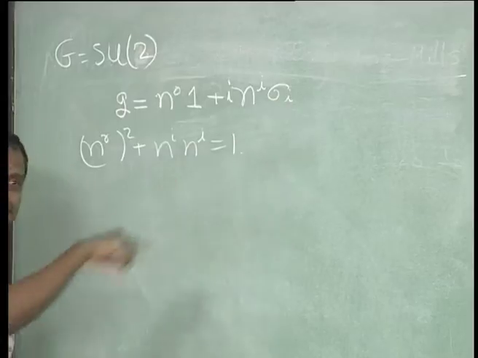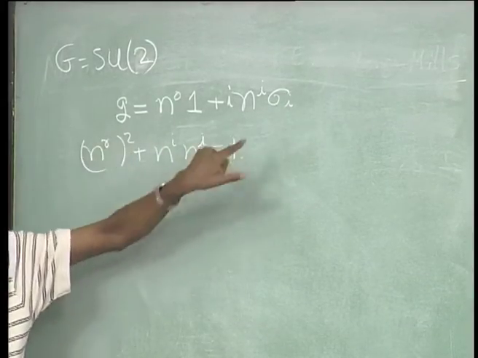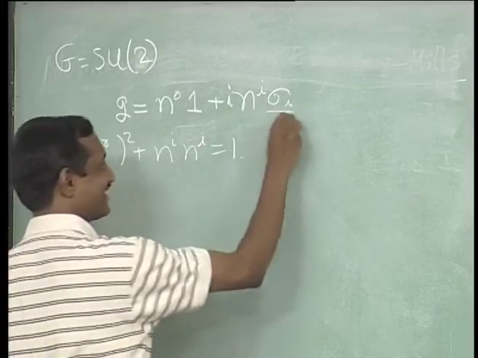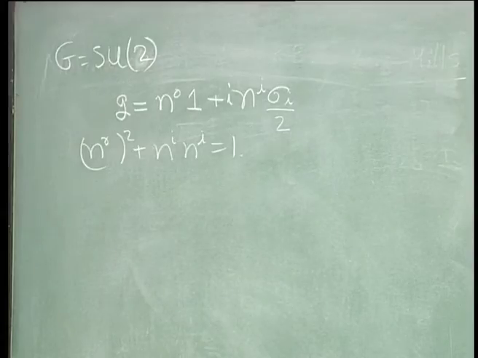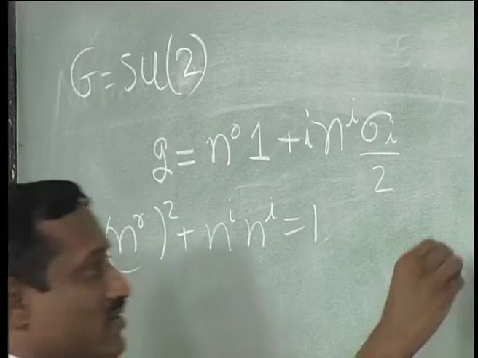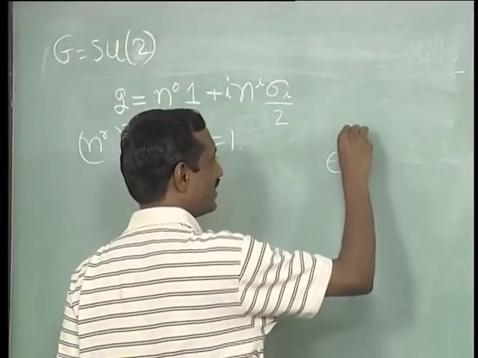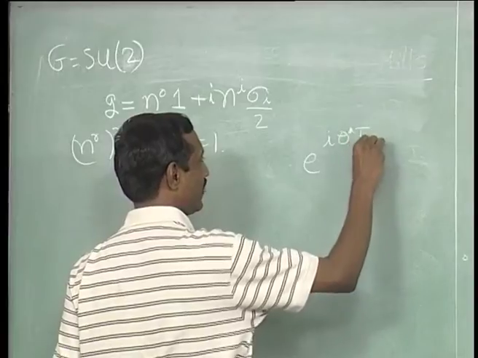Is this correct, or which 2 were you referring to? There should be a 2 here. That is an easy way for me to fix this. I just look at e to the power i theta^a T^a and expand it.